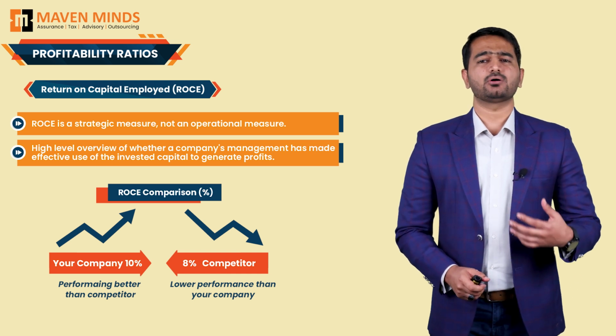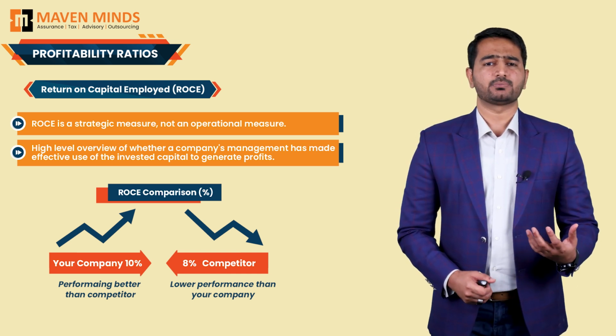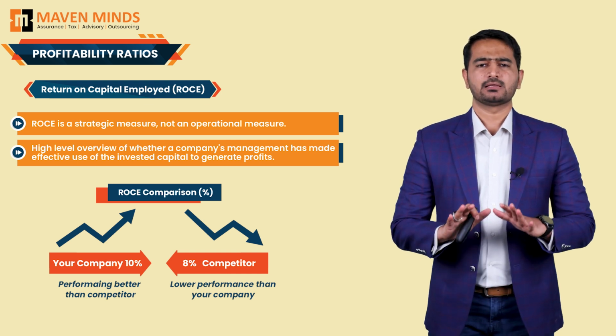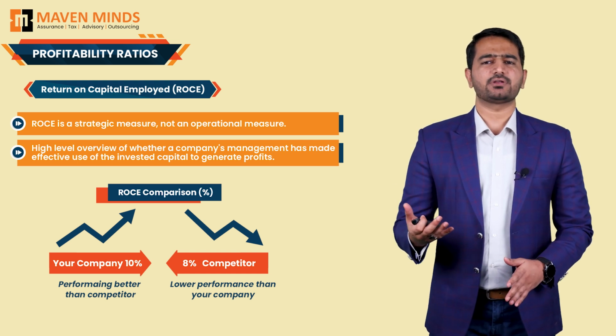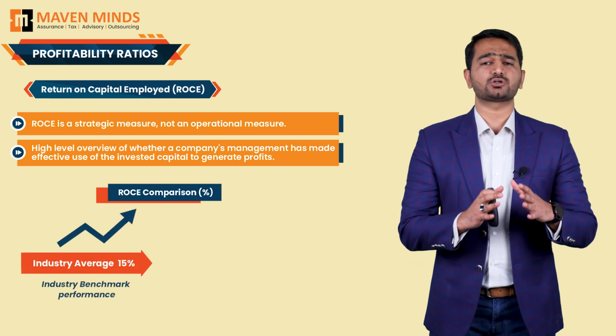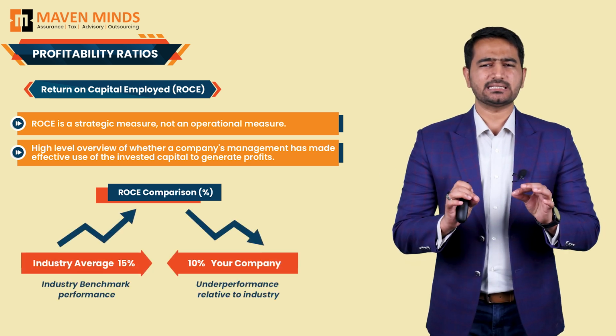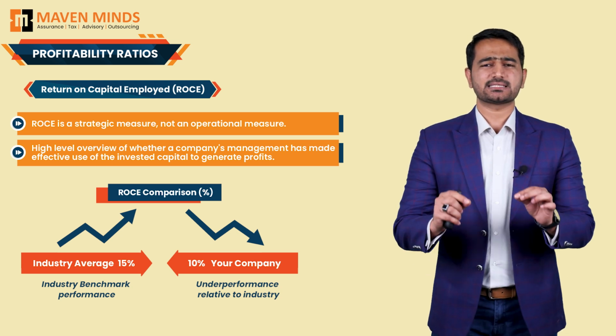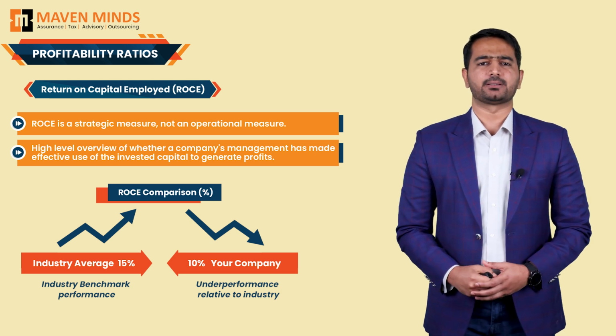Additionally, ROS can also be used to compare your company with the industry averages or the industry benchmark. Let's say the industry average of ROS is 15% and you are at ROS of 10%. Now this indicates underperformance relative to the industry. There is still some room for improvement.